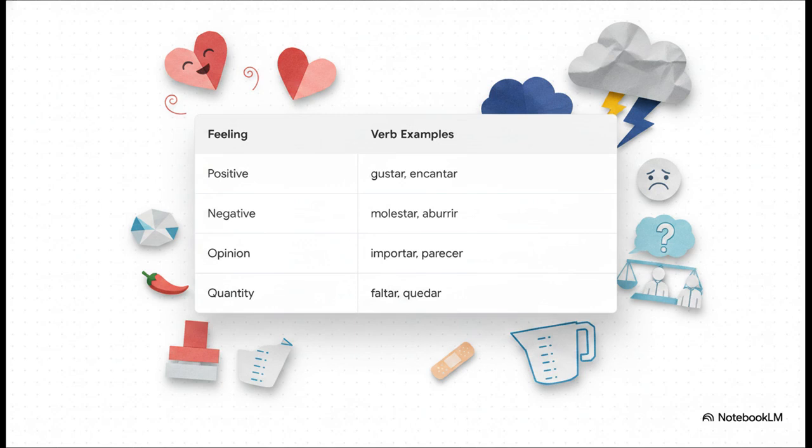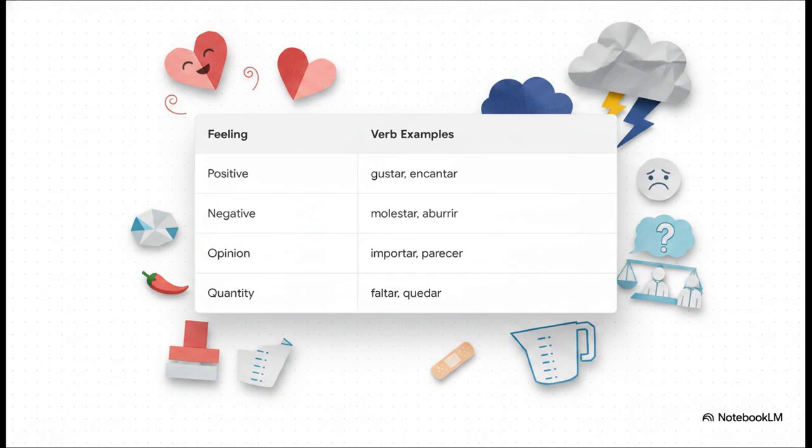And you know, gustar is definitely not a lone wolf here. It's got this whole family of verbs that use the exact same backward structure. But please don't try to memorize a giant alphabetical list of 16 verbs. That's exhausting. Instead, group them by feeling. Oh, absolutely. Like you've got your positive reactions, your gustar, encantar, and fascinar.